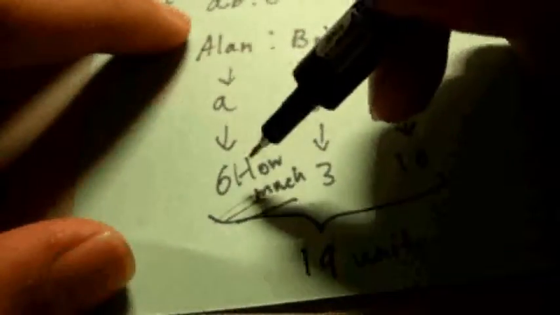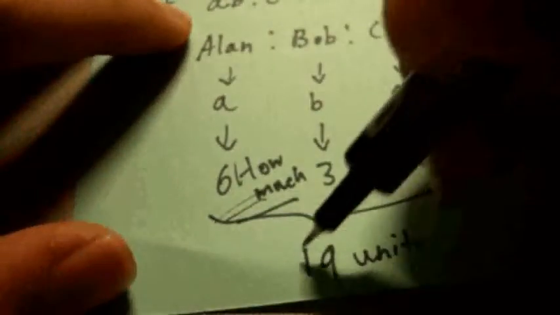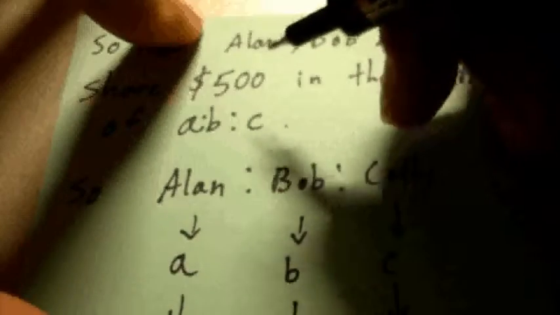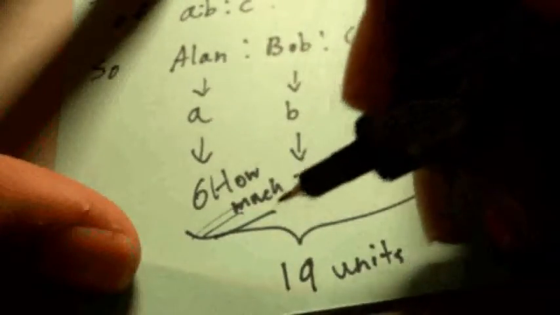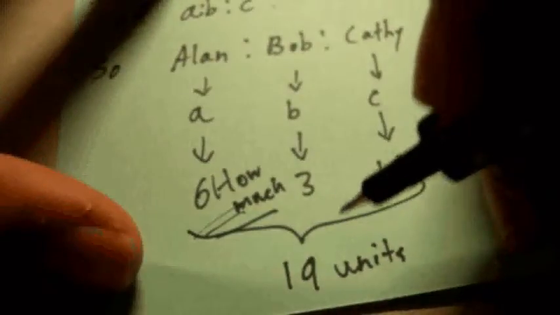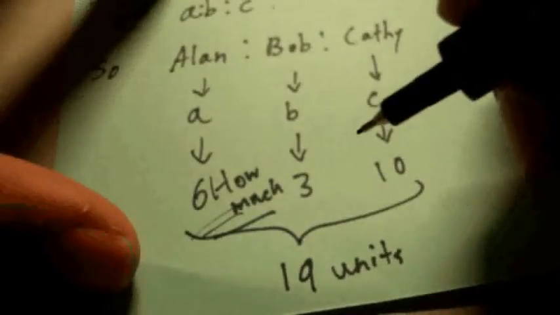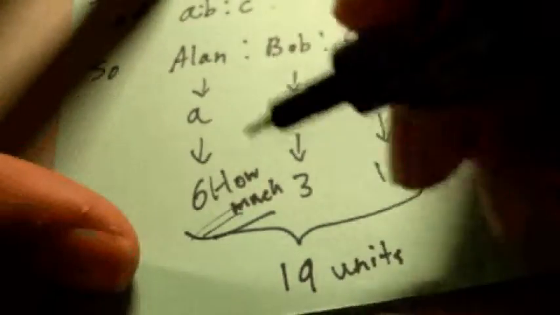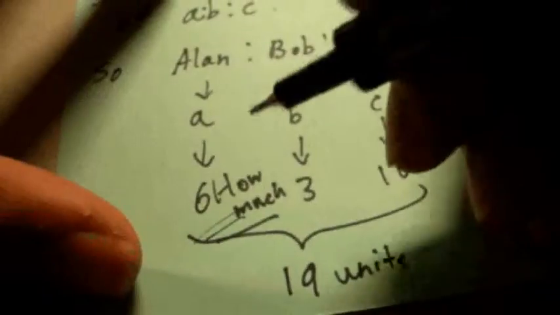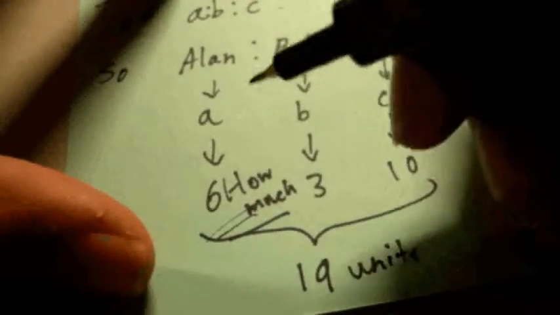In total, 6 plus 3 plus 10 will be 19 units. We know the total is $500. So 19 units is $500, and in order to find 6 units, we want to find how much 1 unit contains, then times it by 6. Alright, let's go to the calculator.